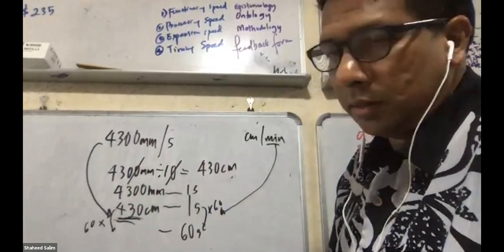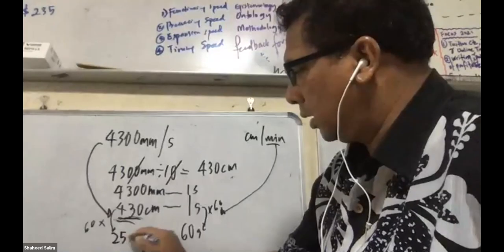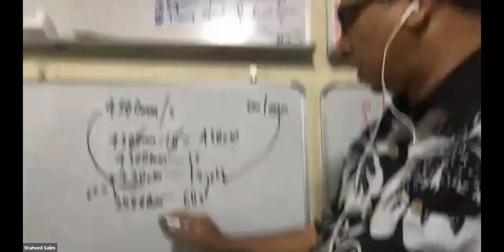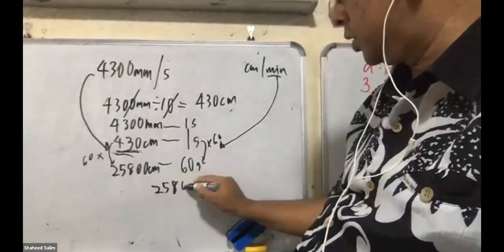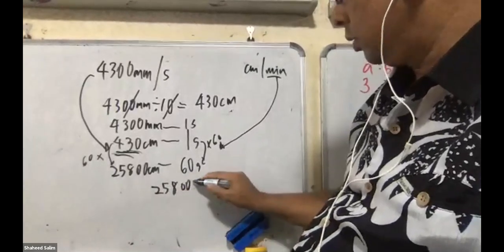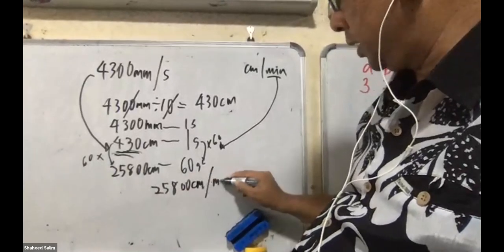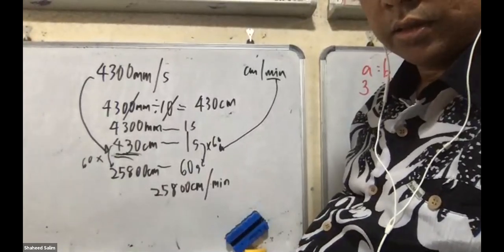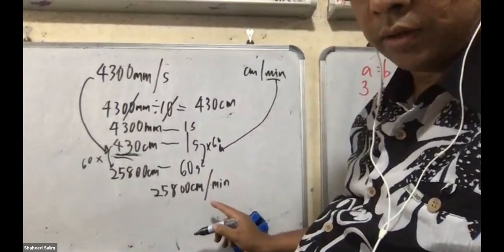How much do you get? 25800. Okay. Now, the answer is 25800 cm per minute. You can see? So you understand how to convert?